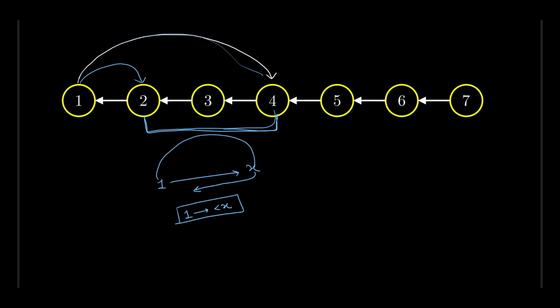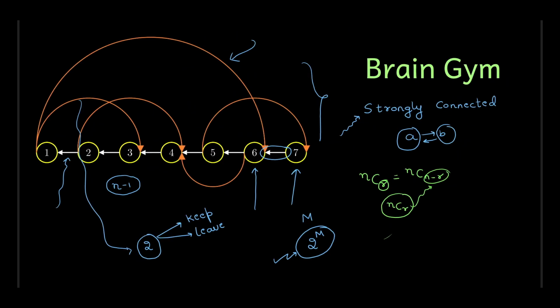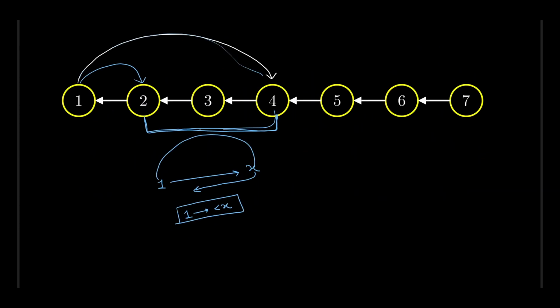Instead of starting with this complex state with all these orange edges, you can start with a clean slate and then decide which subset of the orange edges you want to keep. So I hope you can see why both the problems are equivalent.